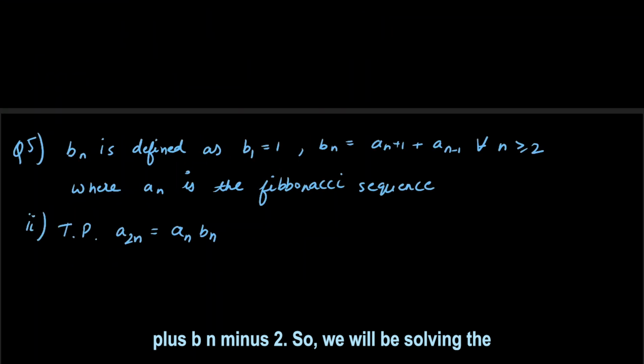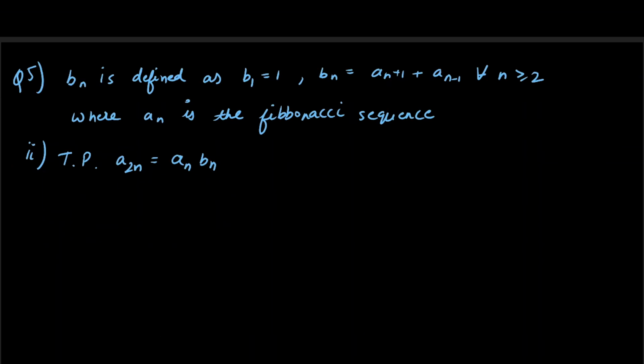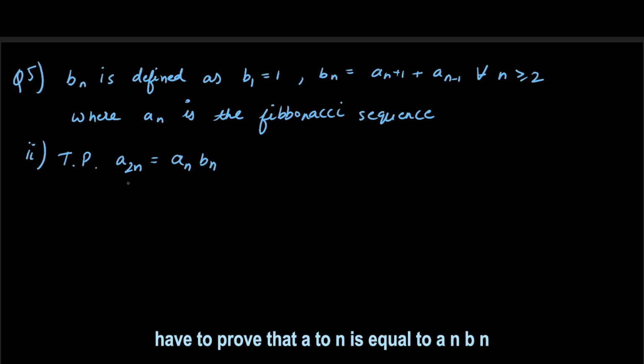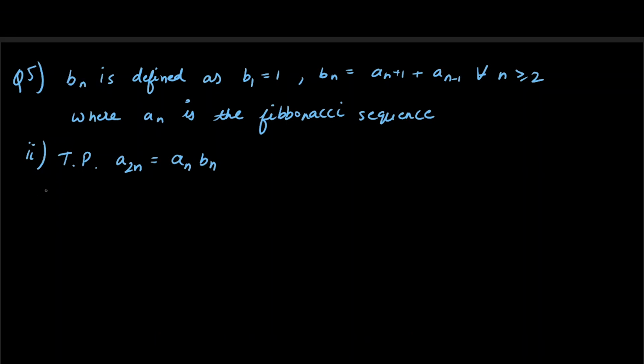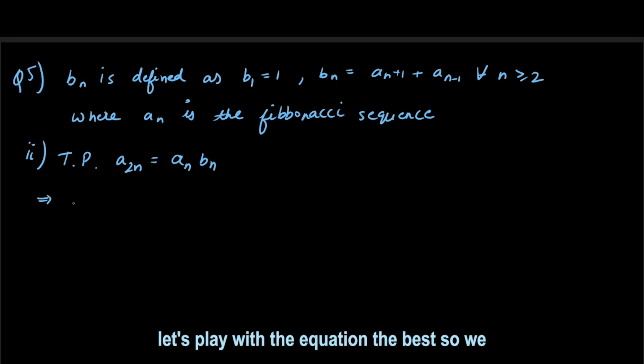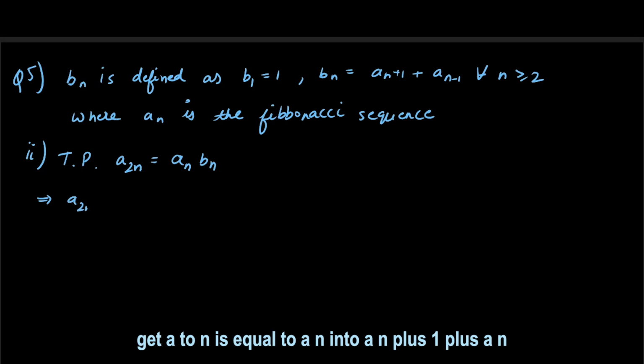Okay, so we'll be solving the second subpart of the fifth question now. Essentially, we have to prove that A2n is equal to An Bn. Let's play with the equations a bit. So we get A2n is equal to An into An plus 1 plus An minus 1.